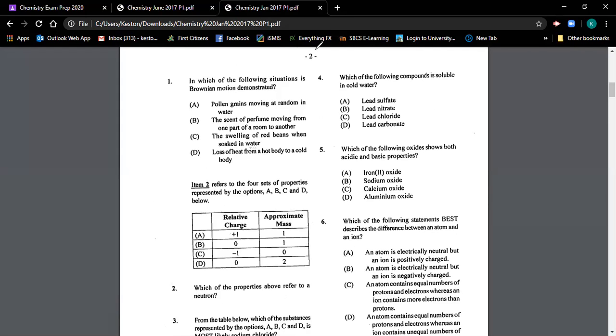4. Which of the following compounds is soluble in cold water? Soluble in cold water. I think this is another topic I would like to do for you guys: the solubility of salts, identification of gases, and some qualitative analysis, the tests for your anions and cations. Want some notes on those?